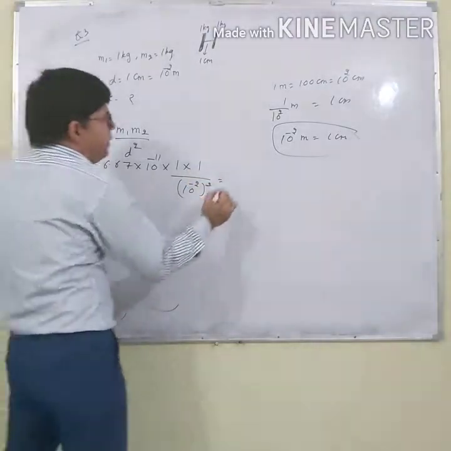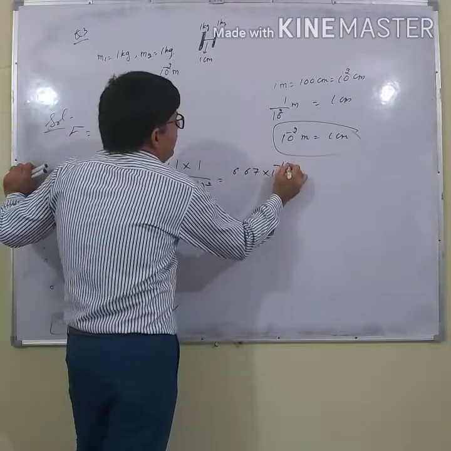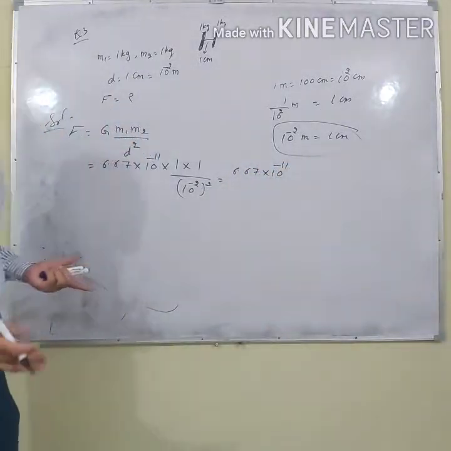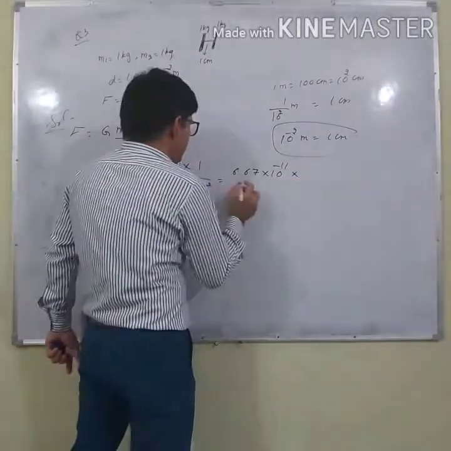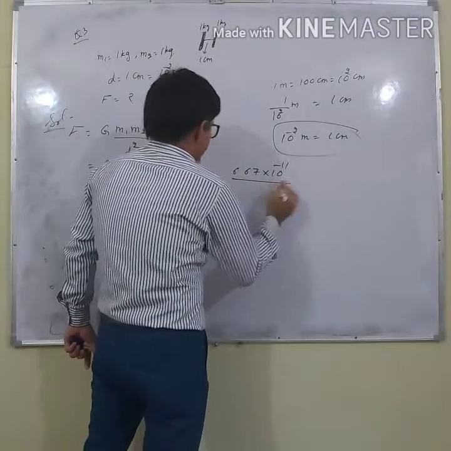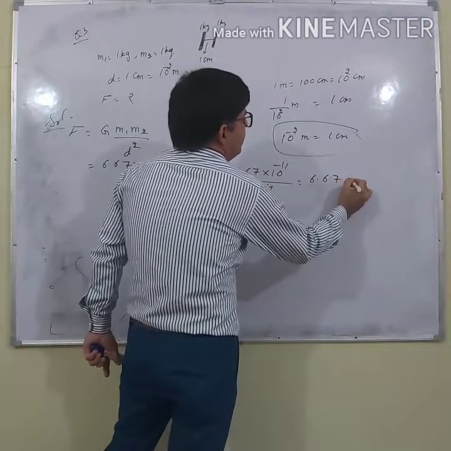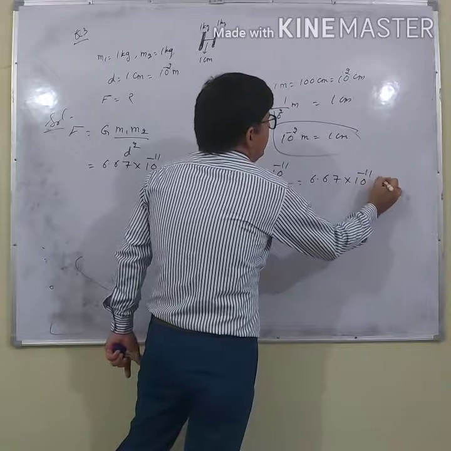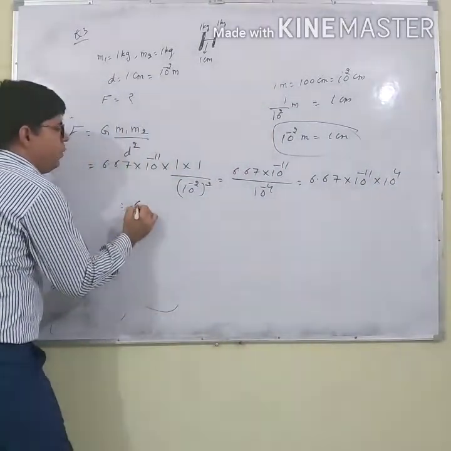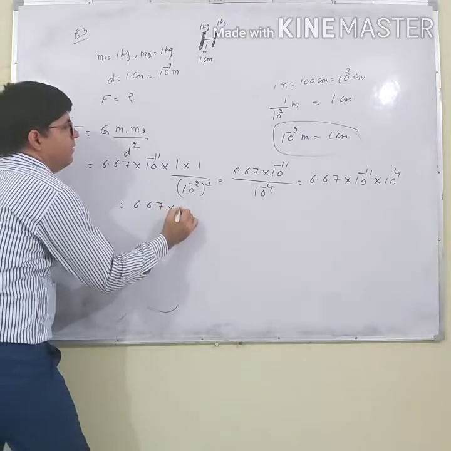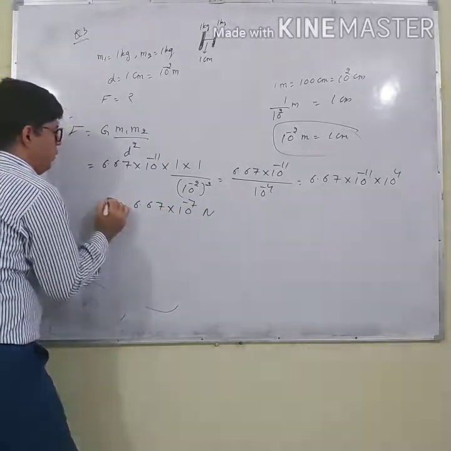When you solve this, 6.67 times 10 to the power minus 11 multiplied with 1 does not change. The denominator is 10 to the power minus 4, so it is 6.67 times 10 to the power minus 11 multiplied with 10 to the power 4. So when you solve this, the force is 6.67 times 10 to the power minus 7 Newton.